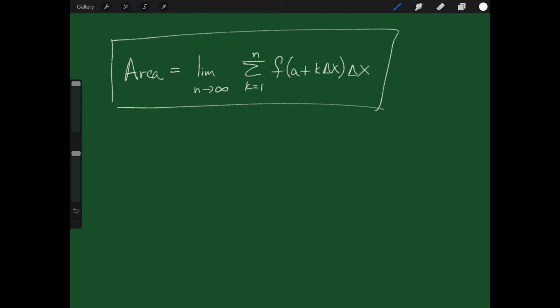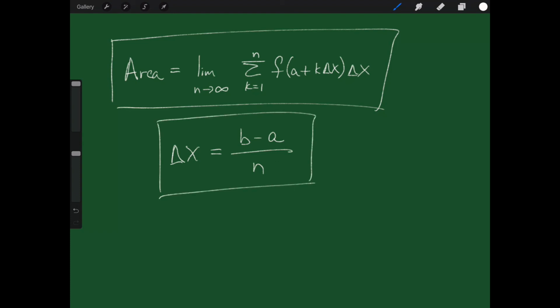By the way, I think it's worth noting that delta x is always equal to b minus a, the length of the interval, divided by n, because I'm dividing the interval up into n pieces. So delta x is just a fancy way of writing b minus a over n.